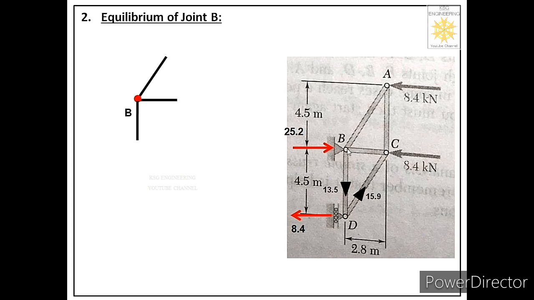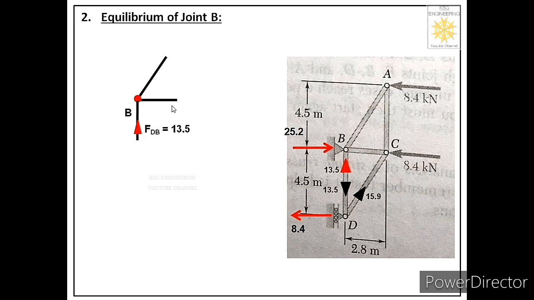So joint B will provide an equal and opposite reaction in upward direction. So for joint B we have to consider this direction of the force in member DB. See over here, it is acting towards joint B. This is a very important step. There should not be any confusion over here. We have already found its magnitude, it is 13.5.